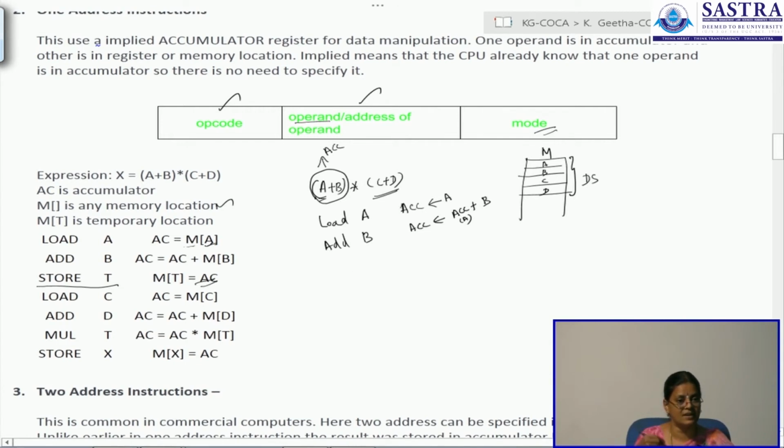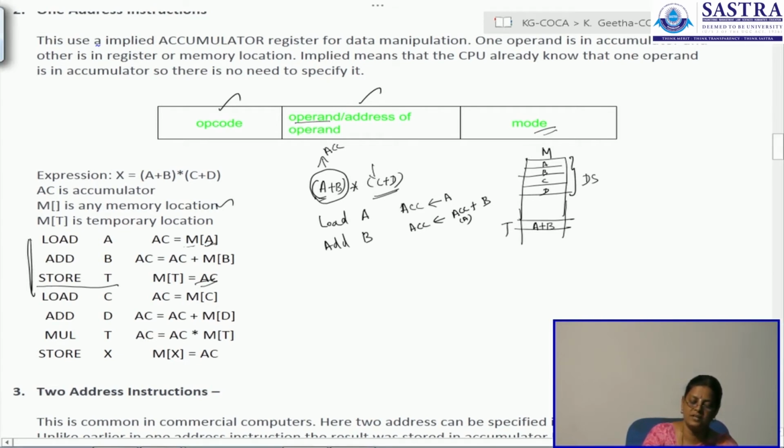Because I am going to use the accumulator for another operation, I should preserve the answer. So whatever I have calculated, A plus B, reaches the temporary location. Again, in memory there will be some temporary location reserved for that purpose, pointed to by the address T, and now this will have the value A plus B. So these first three instructions help me perform the first addition of A and B, with the result stored in memory in the temporary location. Now what should I do?